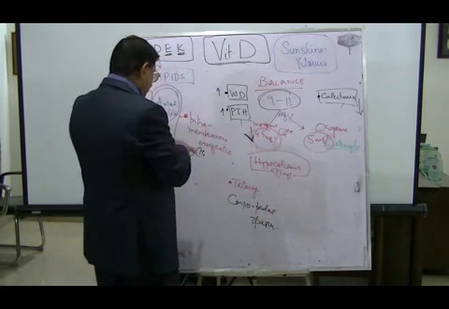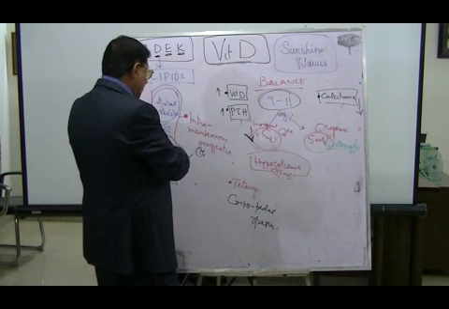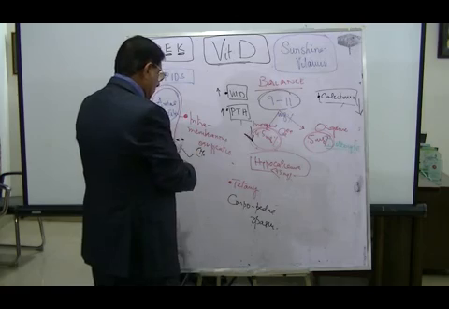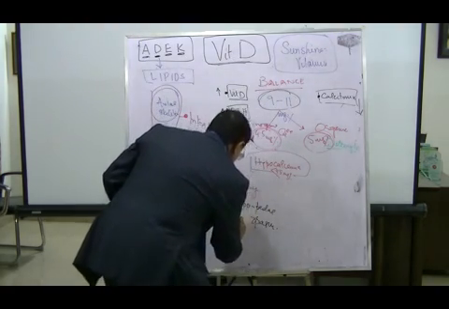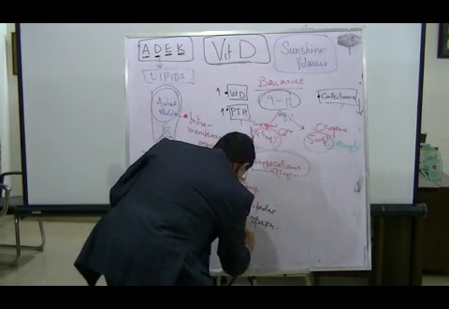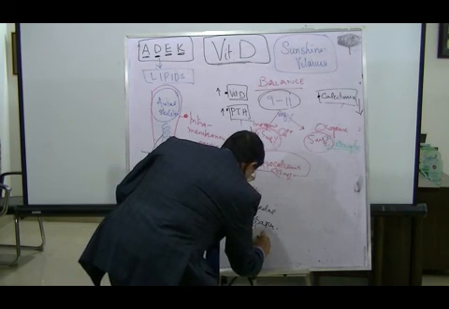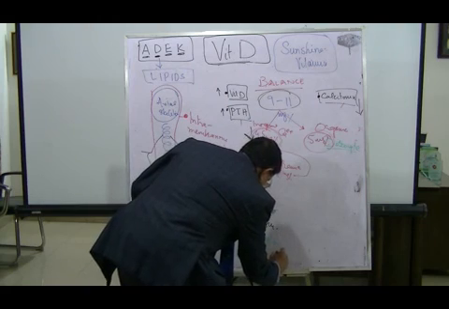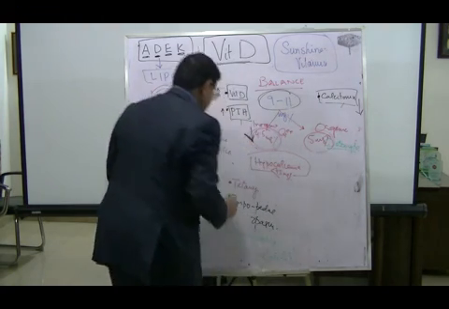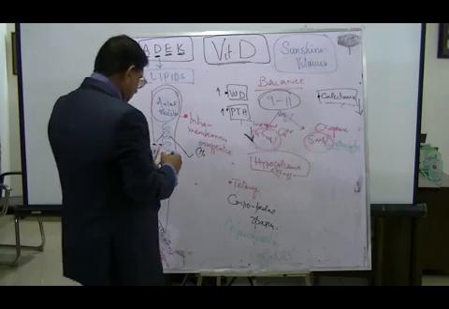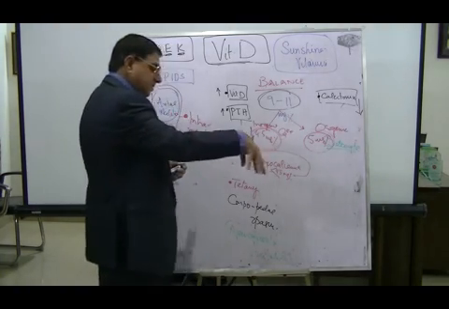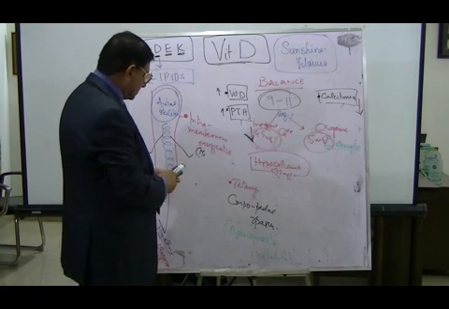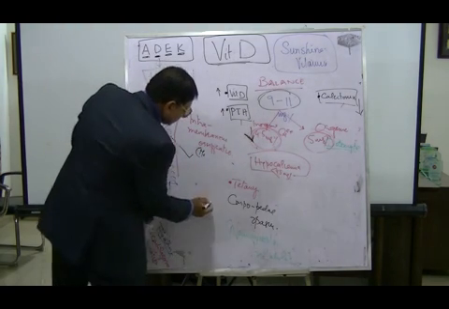The condition would be because of neuromuscular irritability. Tetany, carpopedal spasm. It's also called accoucher's hand.